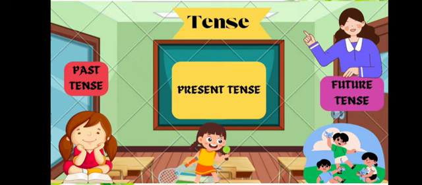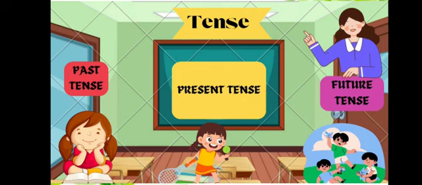So the things that you were doing a moment earlier are called past tense. And if I again ask you what you are going to do in future, or a moment later after watching my video, some might say I am going to sleep, I will eat, or I will write it down, ma'am. So the things or the actions you will do in future will fall in future tense.